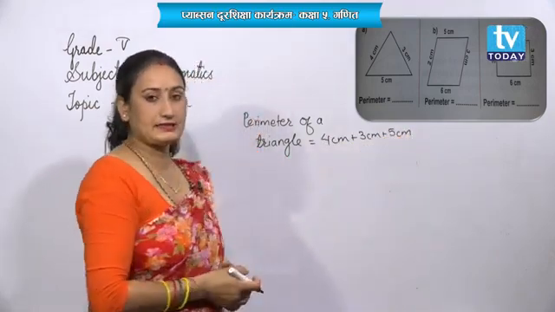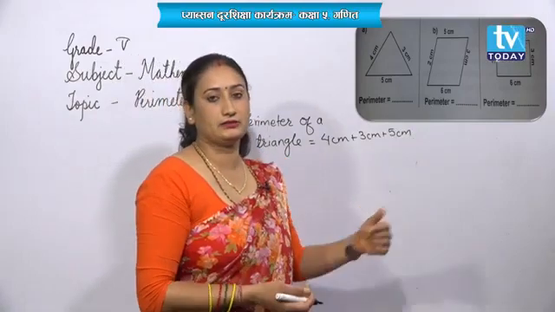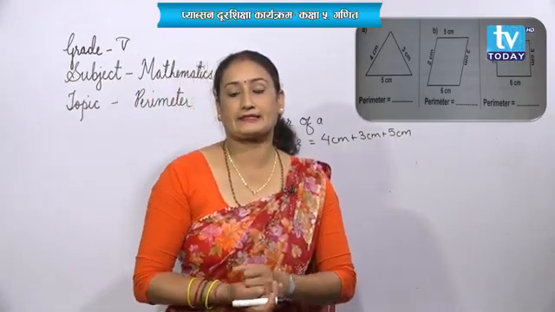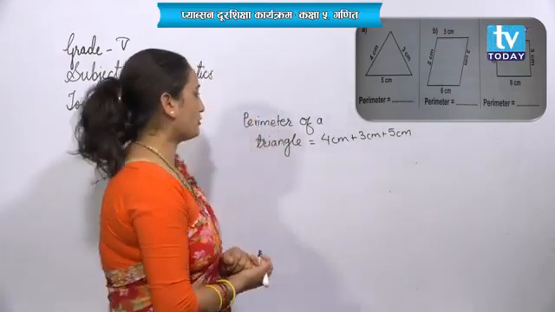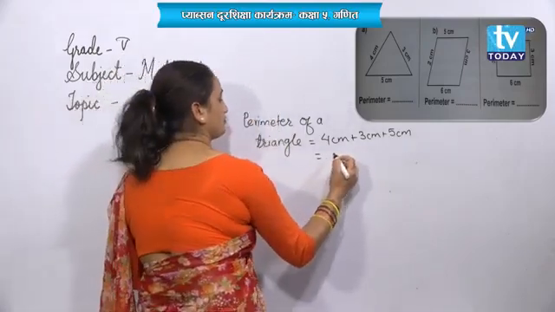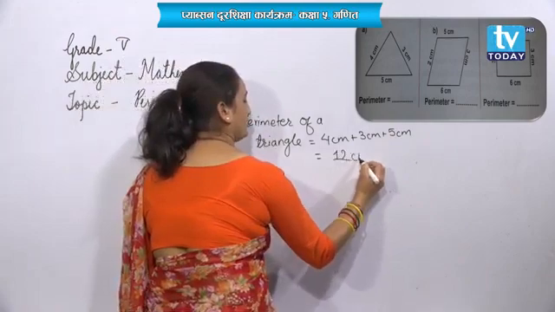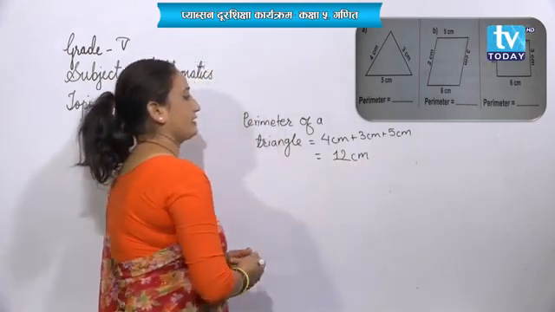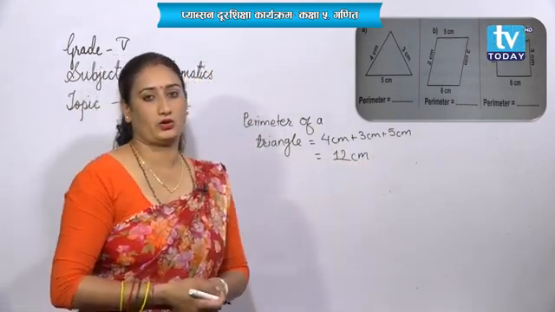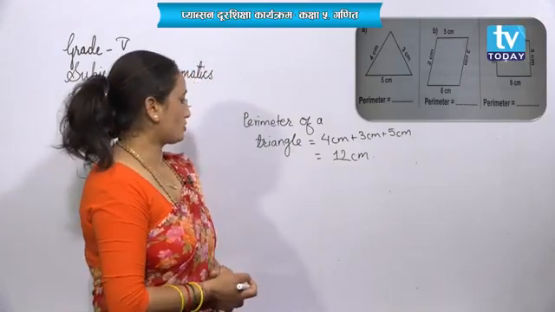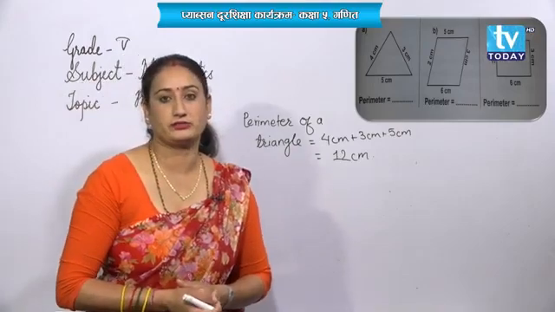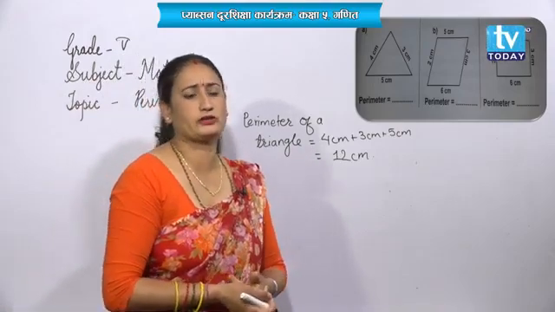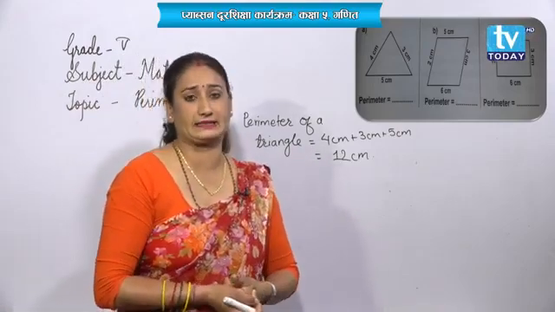Is that our answer? The lengths are given over there. Okay, please add it and find the solution. What will be the solution? 12 centimeter. Is it? Okay. So, in this way you can solve the perimeter of a triangle, right? Because a triangle has only 3 sides, so you can easily add them.